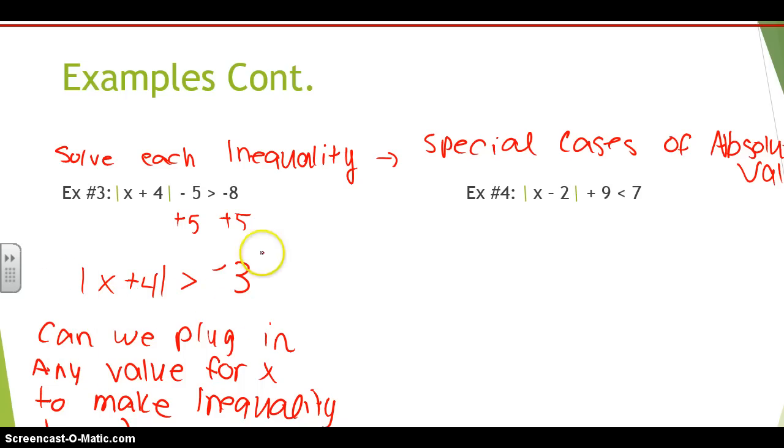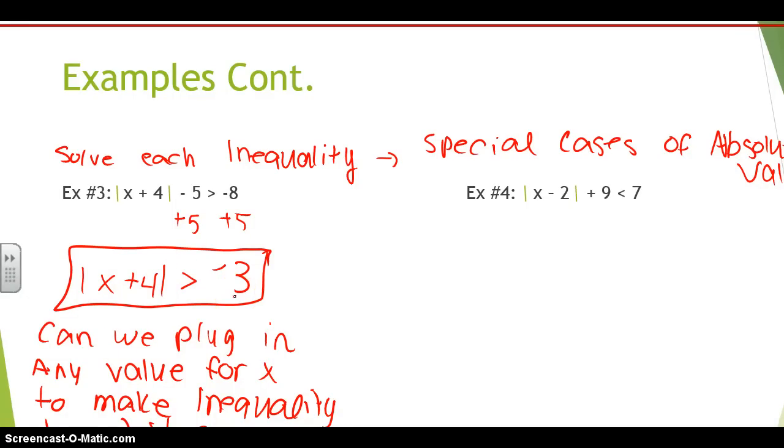So in this problem, can we plug in any value for x to make the inequality true? And that is yes. So the answer for this one is going to be all real numbers for x, meaning we can put any value in for x to make this inequality true.